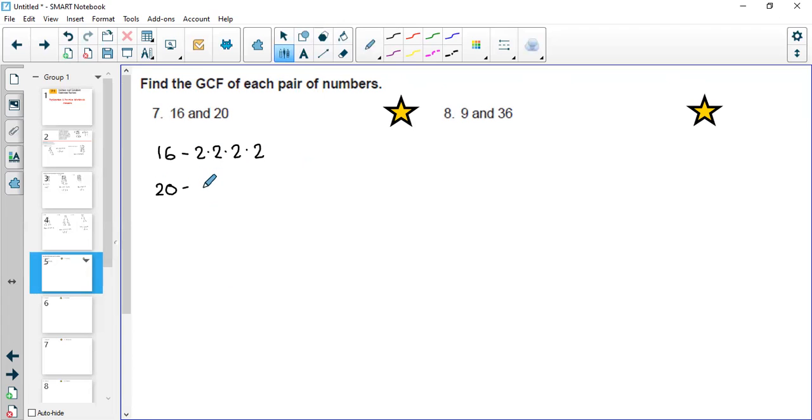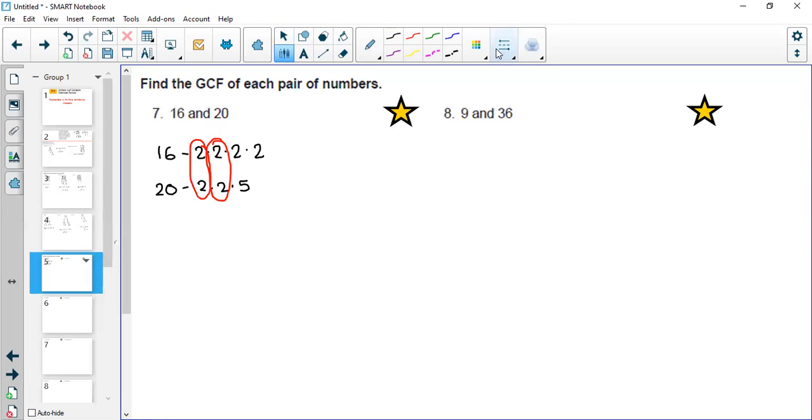So for 20, the prime factorization is going to be 2 multiplied by 2 multiplied by 5, because 2 twos are 4, 4 fives are 20. So now here, which is the common factor for both of them? I've got a pair of 2 as common, another pair of 2 as common, and nothing else. There is no other common factor, right?